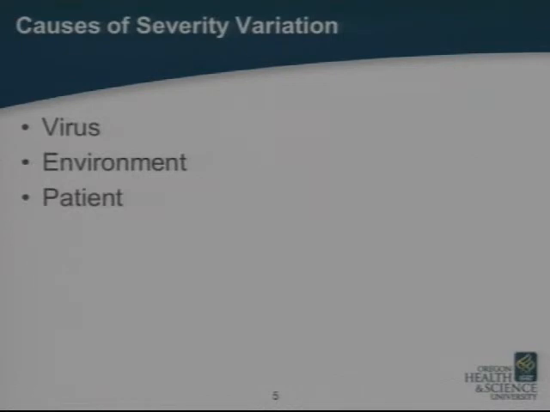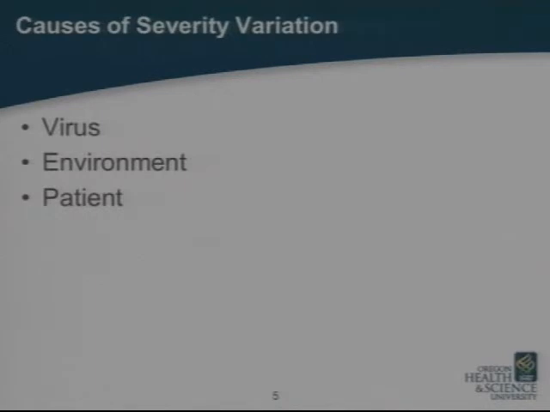Additionally, there are quite a few differences between patients. Age is definitely strongly correlated, with the very young and the very old being much more likely to have severe infections. Chronic conditions obviously play a role in the rate of severe infections as well. And there also does seem to be quite a significant genetic component.